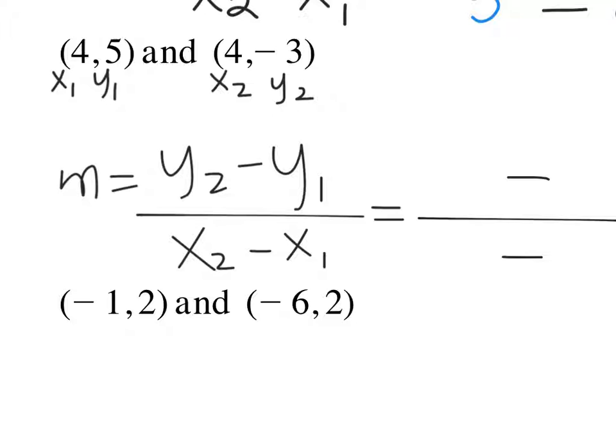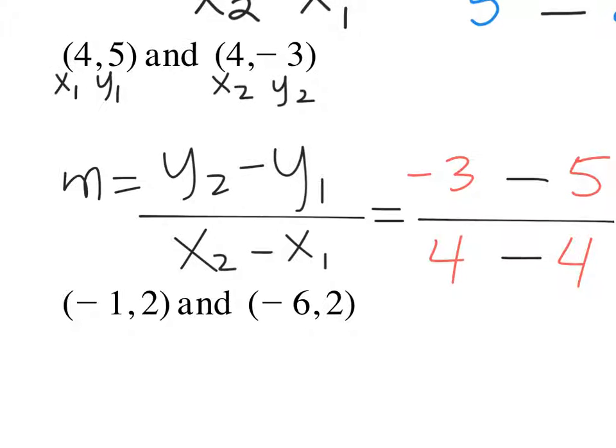Jessica, what's my y2? 3, negative 3. Camden, what's my y1? 5. Alexis Meyer, what's my x2? And Lexi, what's my x1? 4. Okay. Simplify.